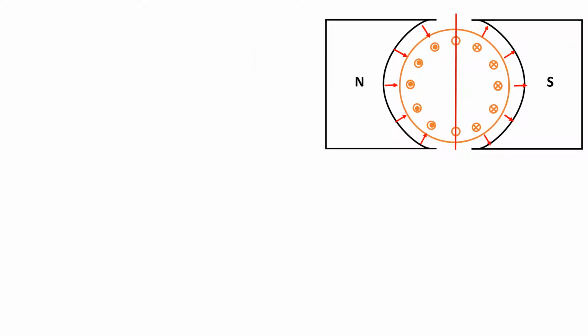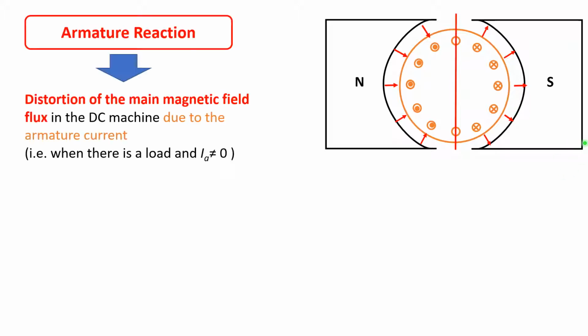So the figure here shows a DC machine which has balanced magnetic field with the magnetic neutral plane on the vertical line. However, as mentioned before, armature reaction causes distortion of the main magnetic field in the DC machine due to the armature current, and this only happens when there is a load connected and armature current is not equal to 0.